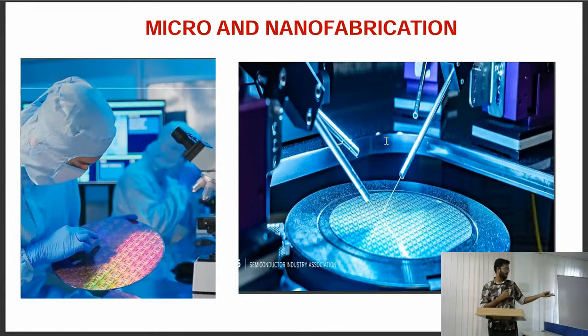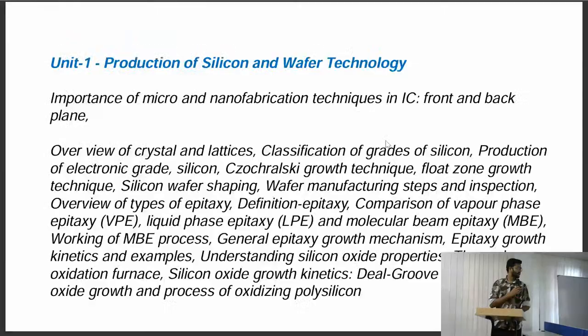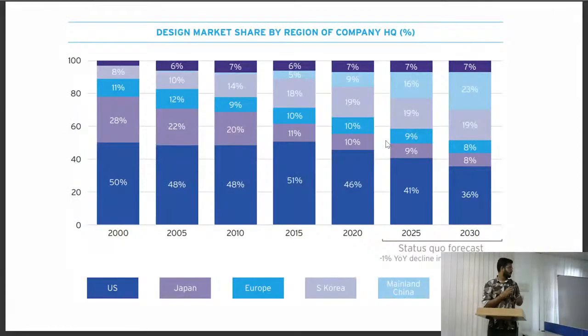We have to see the list of data here: design market share by the headquarters location of the company. In 2000, you can see the list of countries, with 50% and 48%. In the current market, the leaders are the US and Japan.